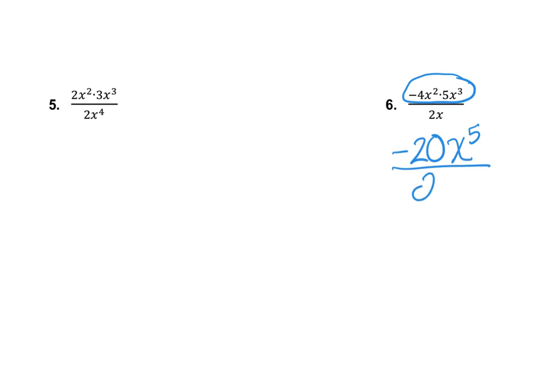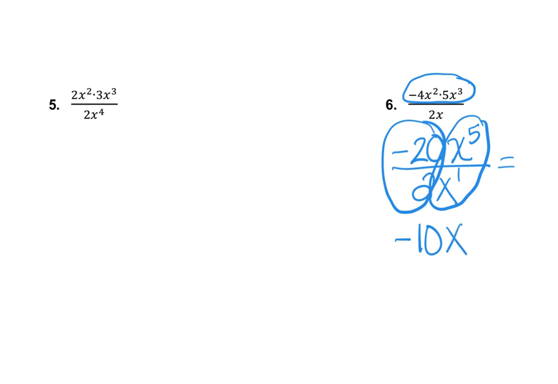And now I'm just going to write this all over 2x, and I'm going to put a 1 right there. So our last step in solving this one, we're simply going to take negative 20 divided by 2, which is negative 10. And then we're going to divide these by subtracting the exponents. And so our final answer here is negative 10 x to the 4th power.